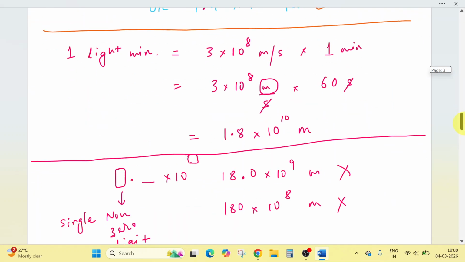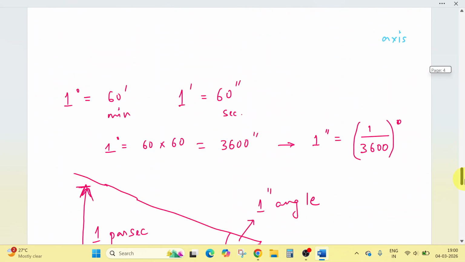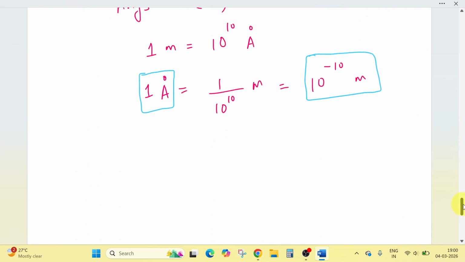So I can say, if I say 1 nanometer, n for nano, 1 nanometer is equal to how many angstrom?